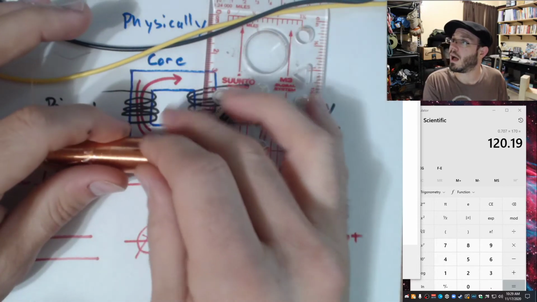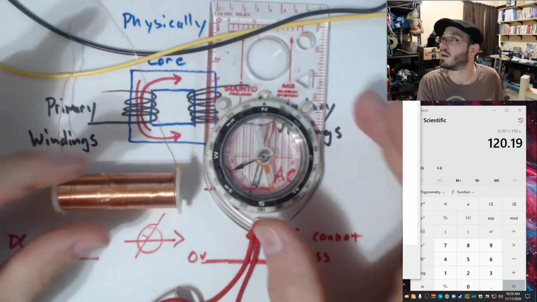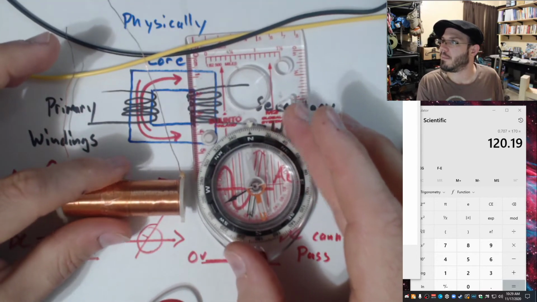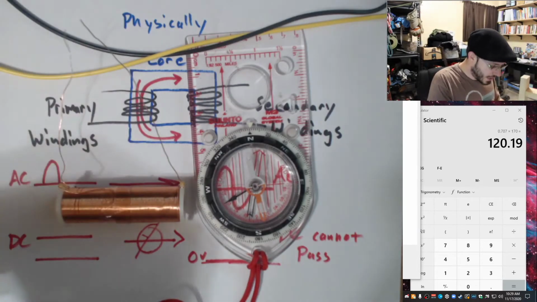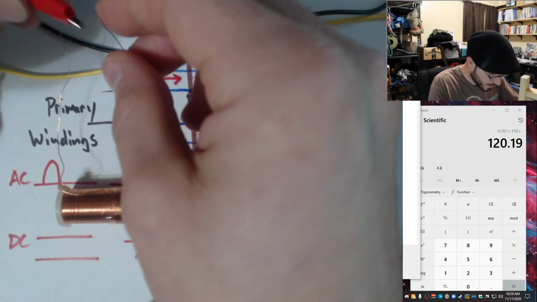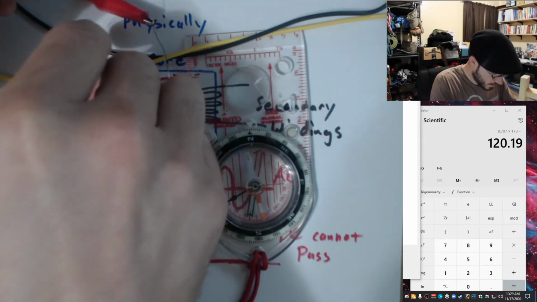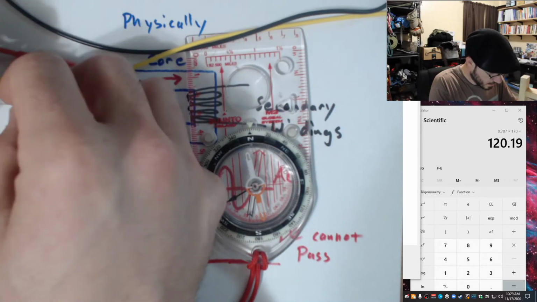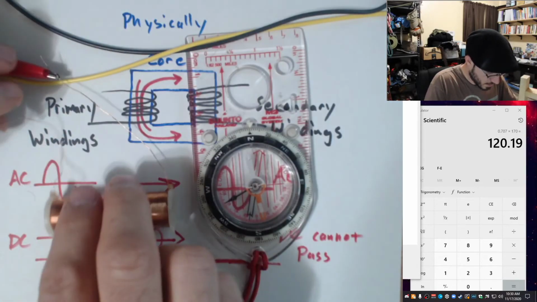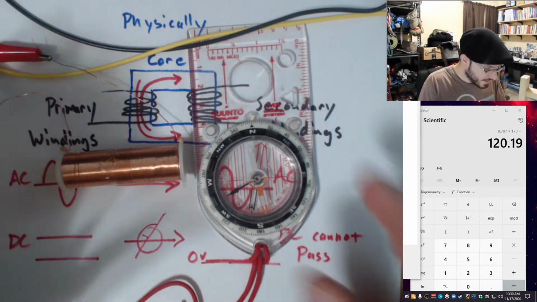So if I set up my inductor, nothing more than a coil of wire, and I set it up to my magnet, and let's go ahead and apply some AC over here.